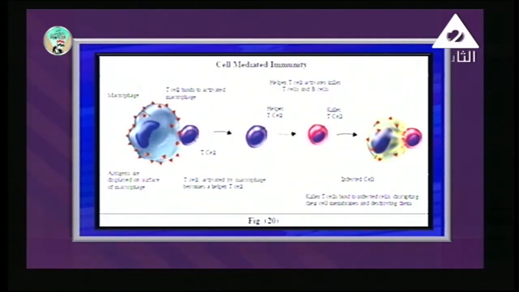We have a picture to clarify what we said after destroying the antigen: the lymphokines suppress or inhibit the immune response, stopping it, and many of the T helper cells that activated the T cytotoxic cells are destroyed.